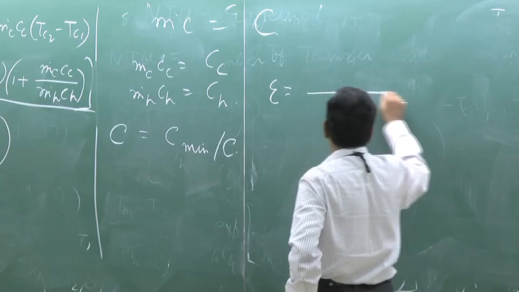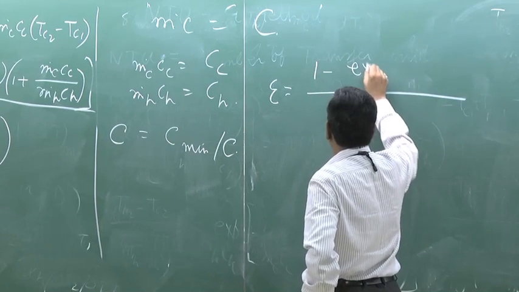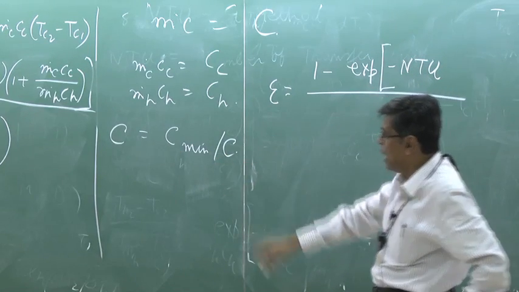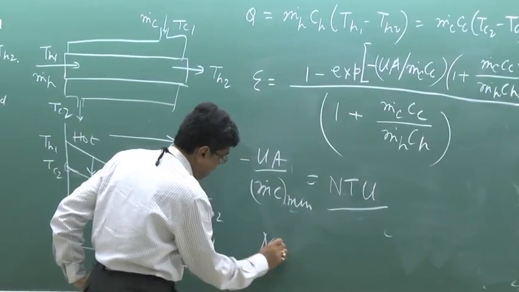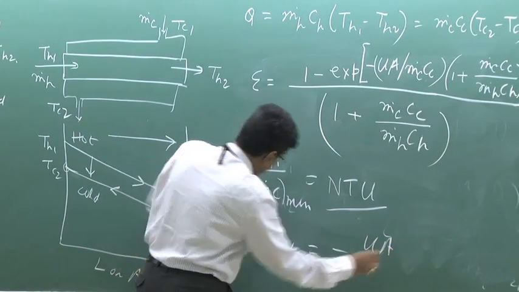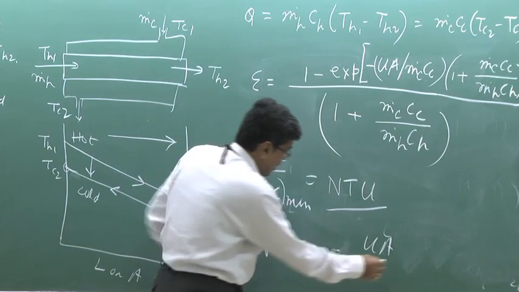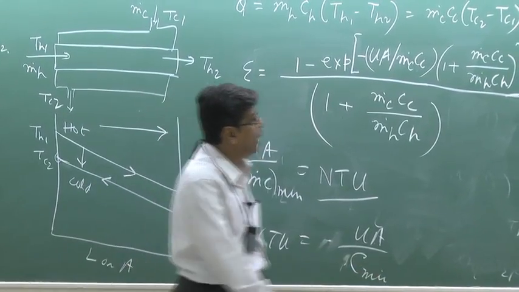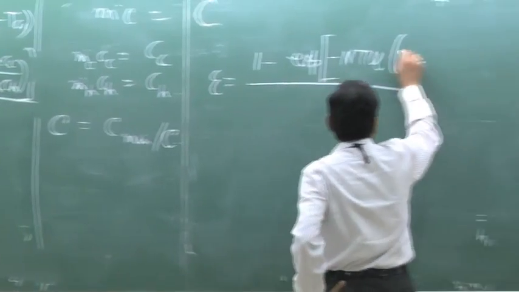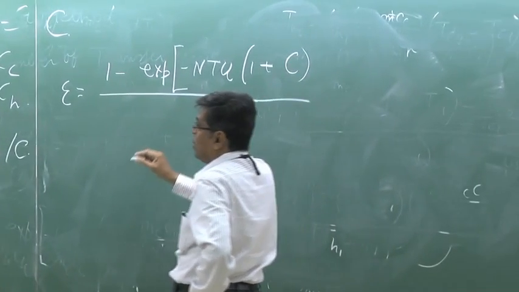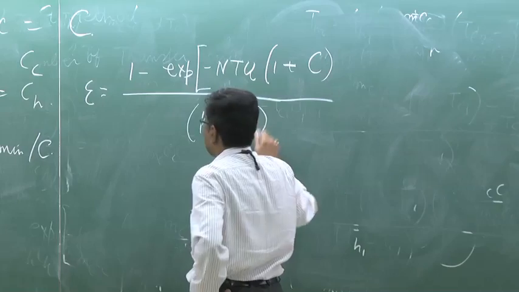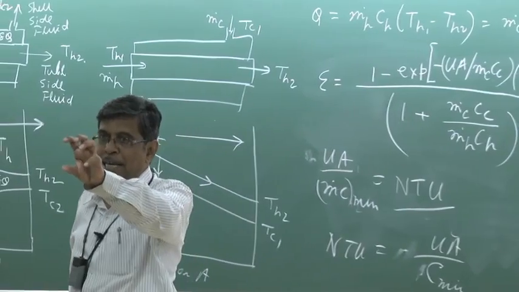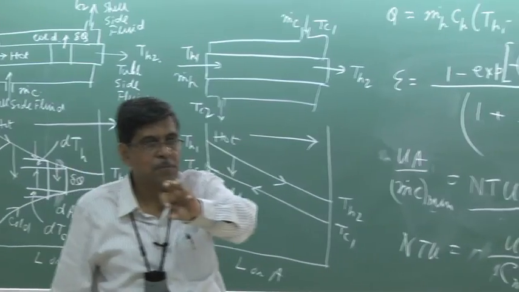It looks simple, the expression remains the same: 1 minus exponential of minus NTU, where NTU is UA by m dot C minimum, a scalar, dimensionless quantity, into 1 plus capital C. This is the expression, where capital C is the ratio of the total capacity, that means m dot times specific heat.